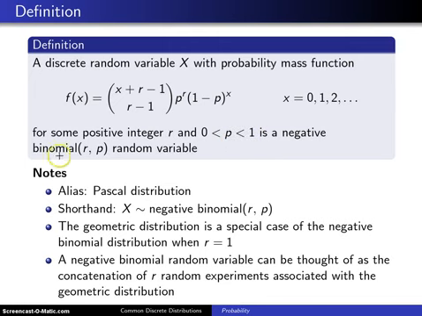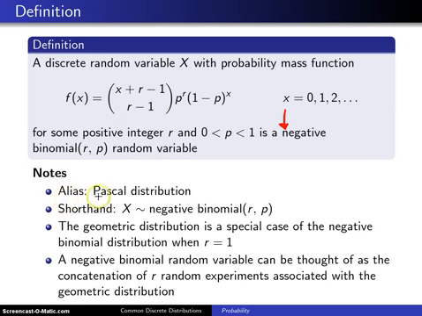That is a negative binomial random variable with parameters r and p. Notice this n is lowercase because we're going to have the same problem we had with the geometric distribution, and we're going to have another negative binomial random variable that starts with a capital N.